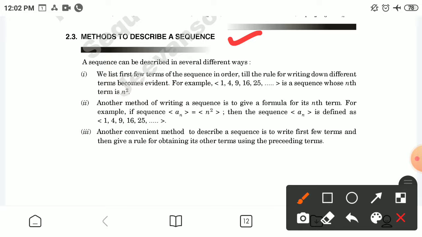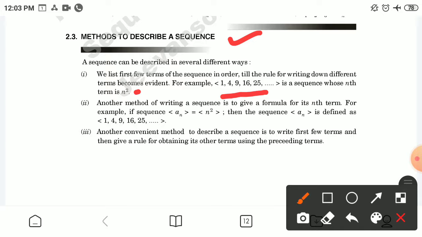First method, we list first few terms of the sequence. We list first few terms of the sequence in order till the rule for writing down different terms becomes evident. For example, 1, 4, 9, 16, 25 is a sequence whose nth term is n square.